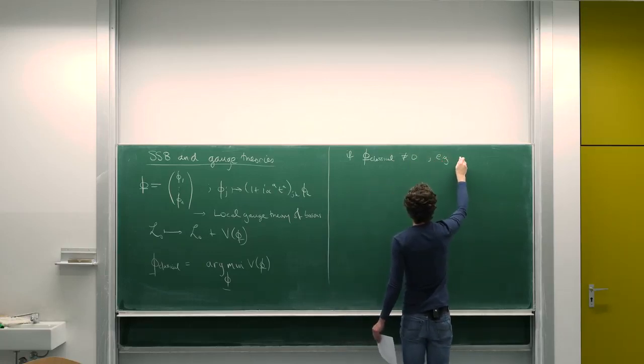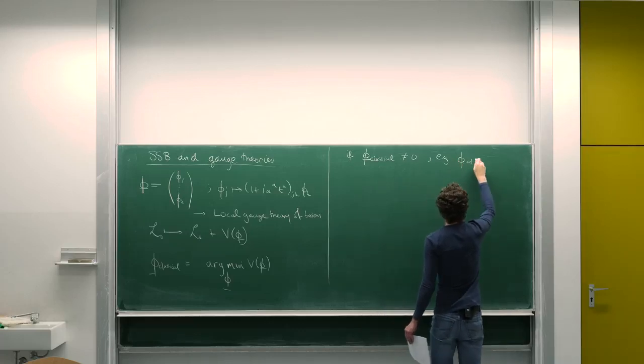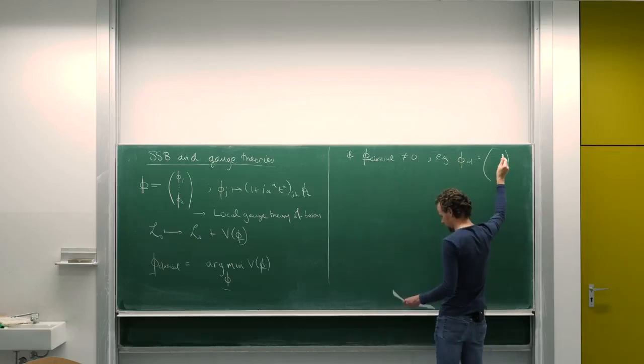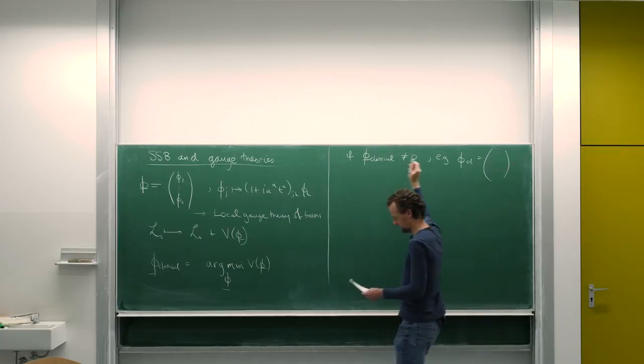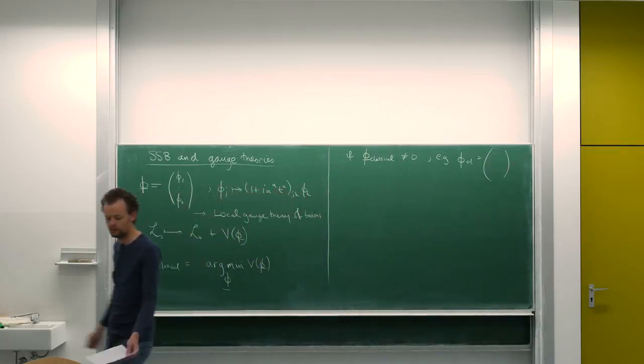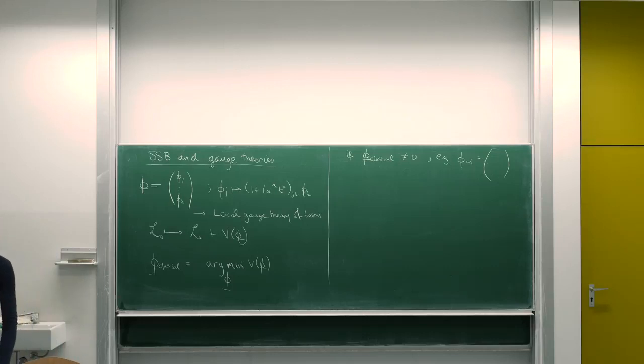And the example that we focused on is one where this minimum has one component non-zero and the rest zero. You can always arrange for that to happen by exploiting the gauge invariance.